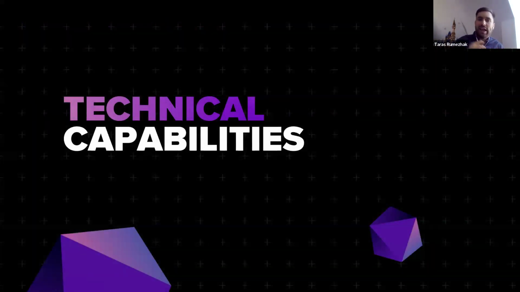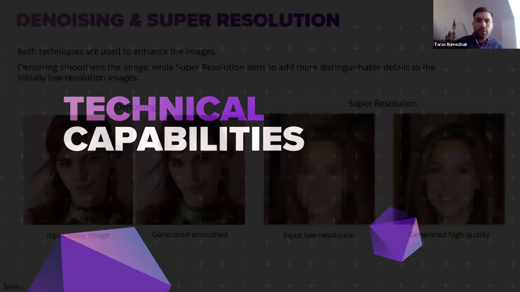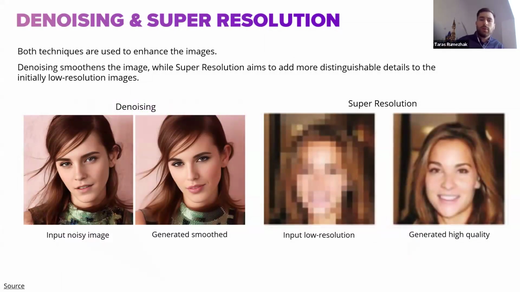Let's now talk about the technical capabilities of Stable Diffusion and similar models. The first very common, popular use case is to denoise an image and add super resolution or something like this.